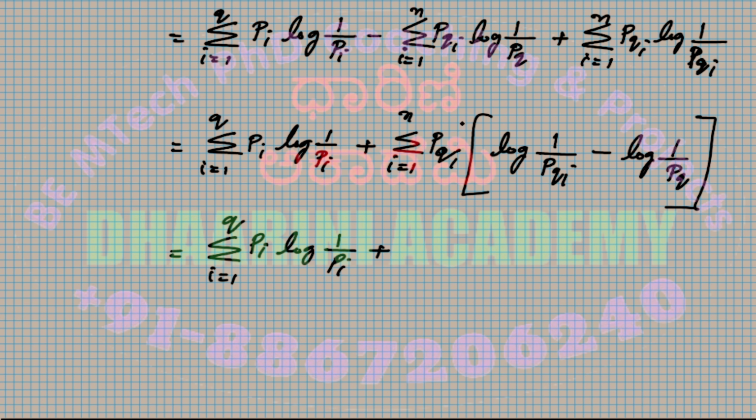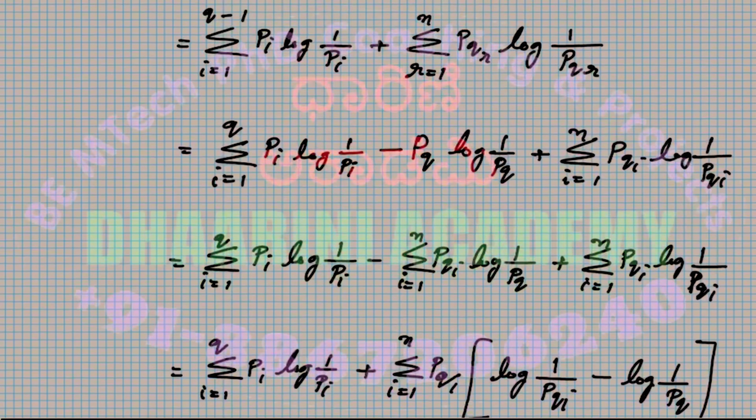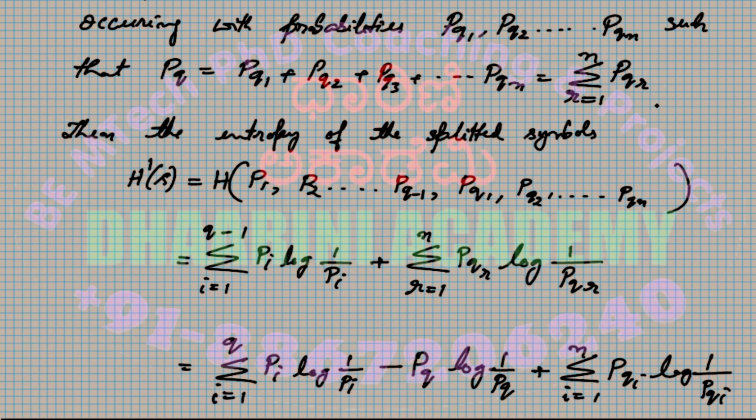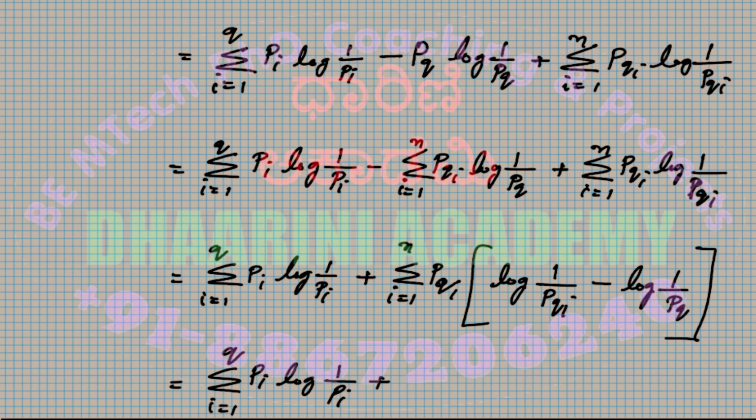If you can see, can I replace it? i is equal to 1 to n, PQI; instead of i we have r, r is equal to 1 to n, PQR is PQ, correct? So I can write a PQ over this. This is nothing but PQ summation, I'm taking it out.